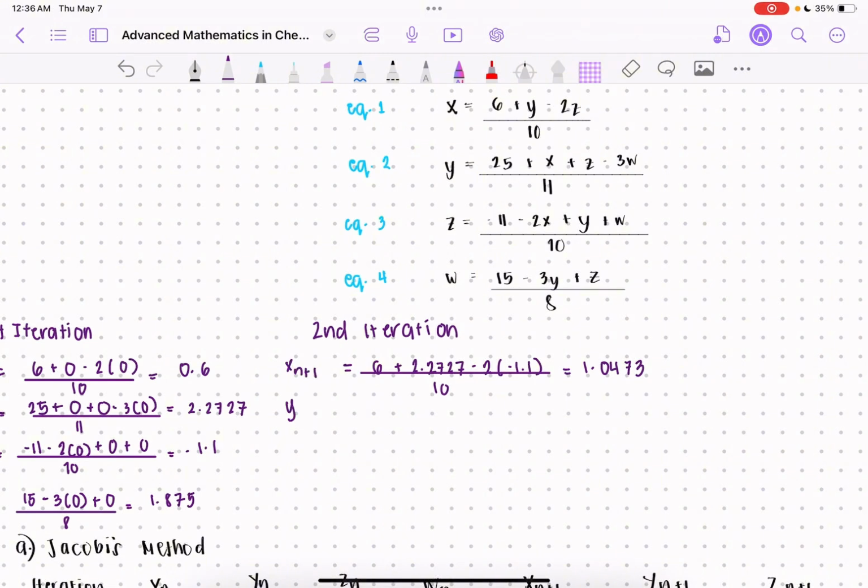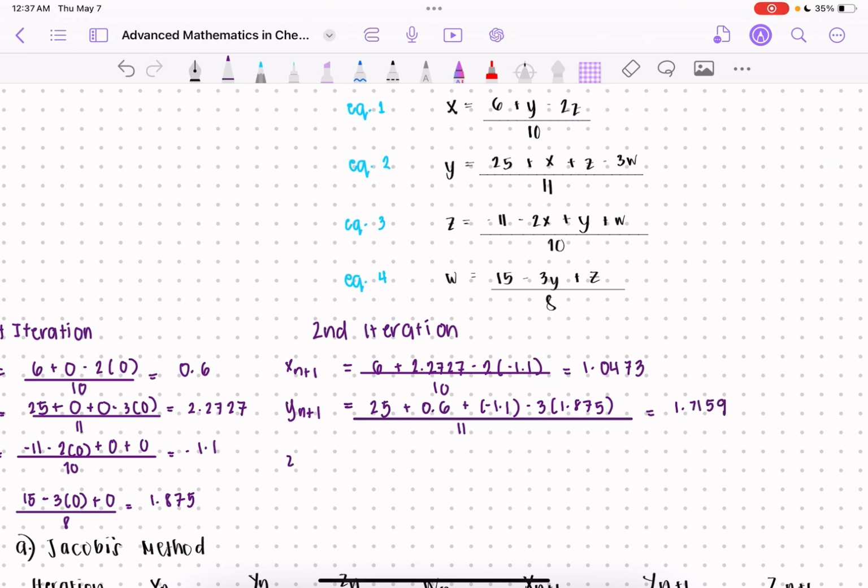Next, for our y sub n plus 1, that would be 25 plus the value of x plus the value of our z minus 3 times the value of our w, which is 1.875, all over 11, and that would give us 1.7159.